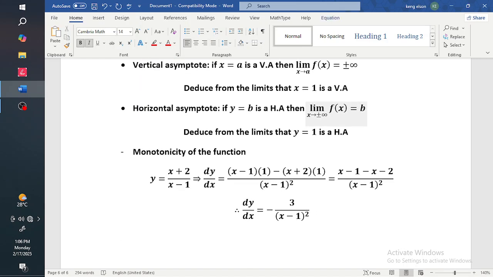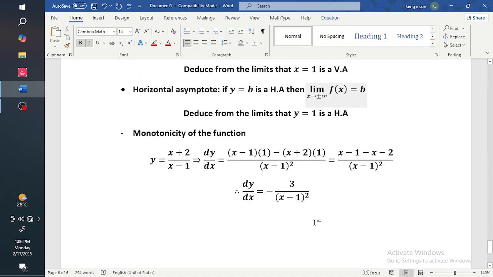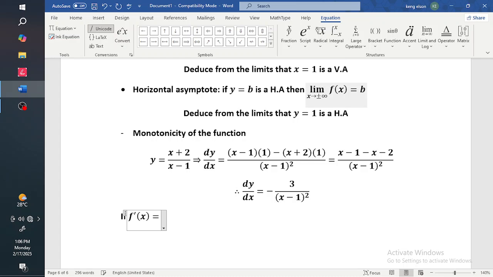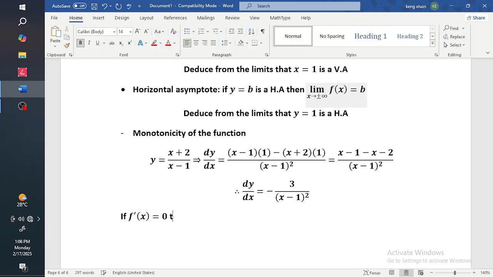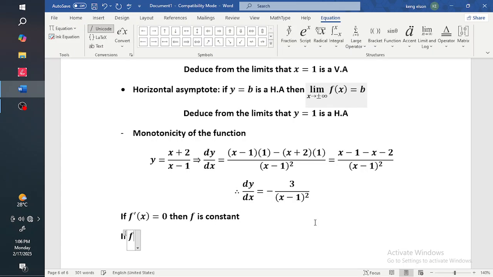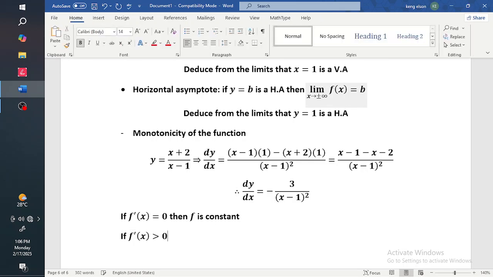Now let's talk about increasing. Let me just give you 3 conditions. If f prime of x is equal to 0, then f is constant, so the function is not moving. If f prime of x is greater than 0, then f is strictly increasing.